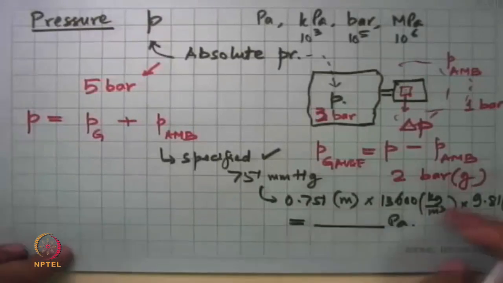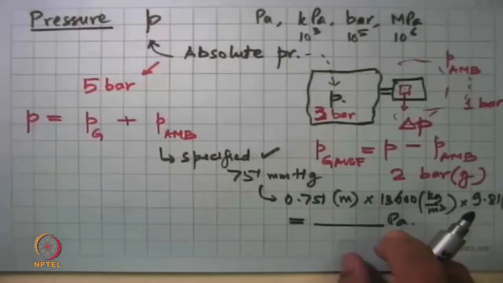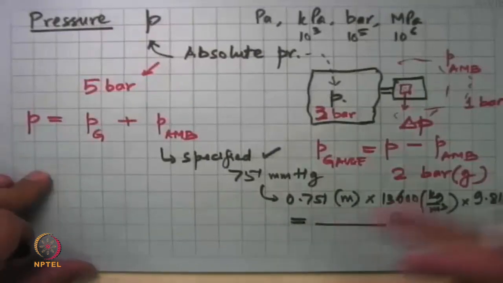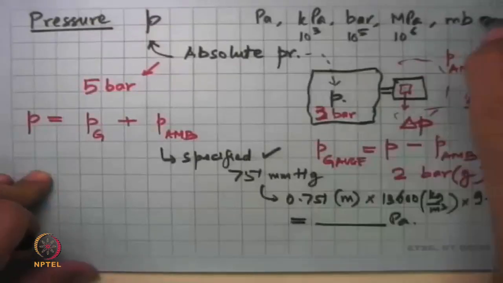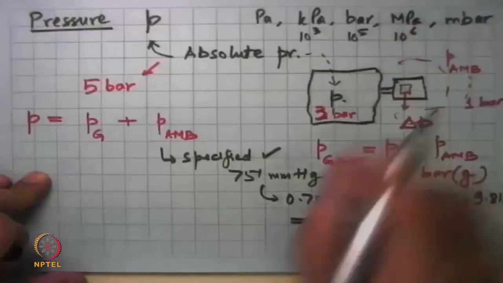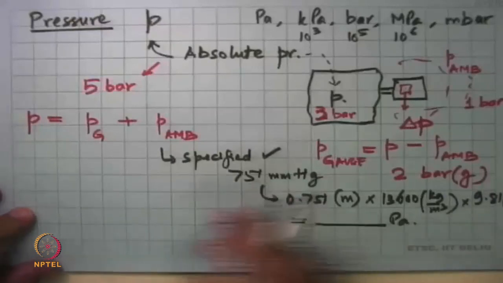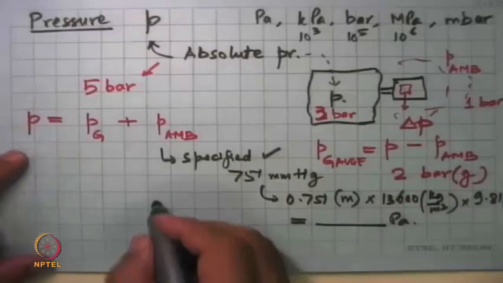I'm writing the units everywhere because quite often you will see them getting mixed up. So somewhere people will report Pascal, somewhere people will report millibar, somewhere we work with megapascal. The units have to be taken care of at every step. So if it is specified, we calculate in Pascal, add it, that's done.